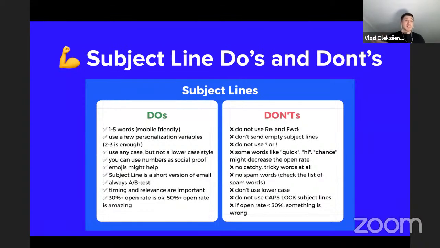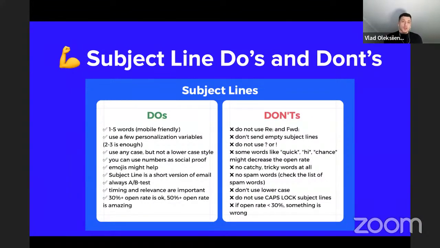Use any case in your words, but not a lowercase style. As we mentioned before, mostly uppercase is the best option. You can use numbers as social proof, but don't use the % symbol. Emojis might help. We also have data showing that subject lines which include an emoji generate more opens.